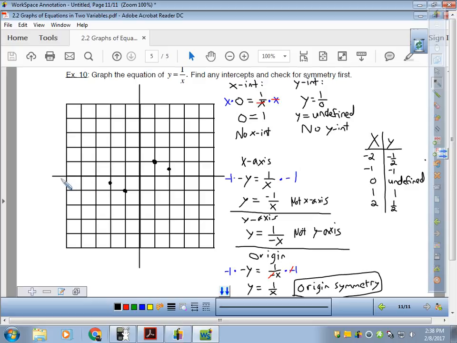And so what this graph is going to end up looking like is kind of like this.